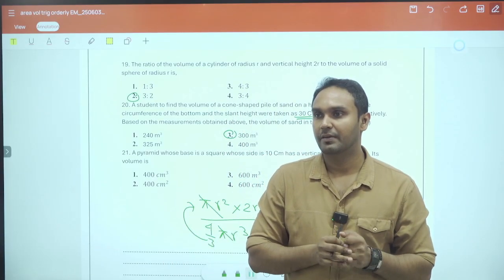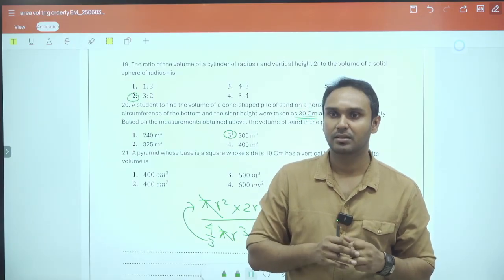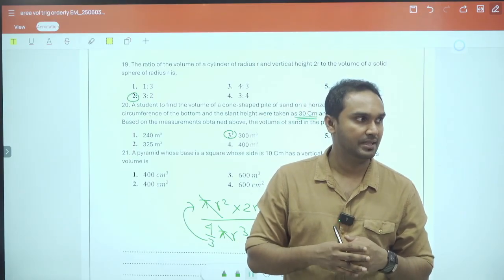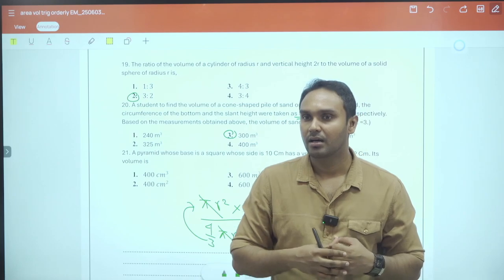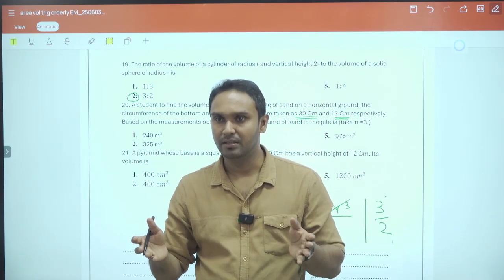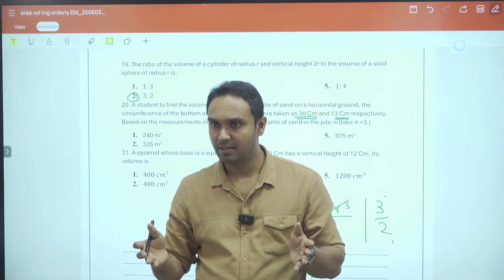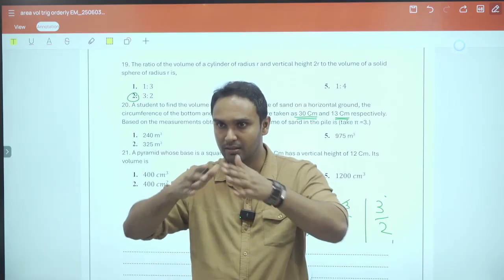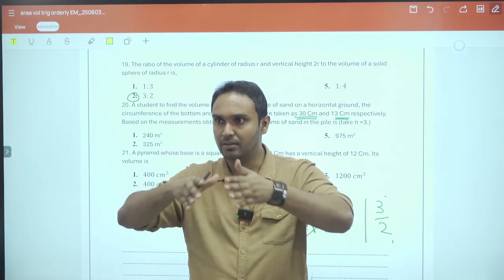Usually the basic objects, if they are non-uniform, have 1/3 the volume of the uniform object. Even the pyramid is non-uniform, right? The size reduces coming to the top.